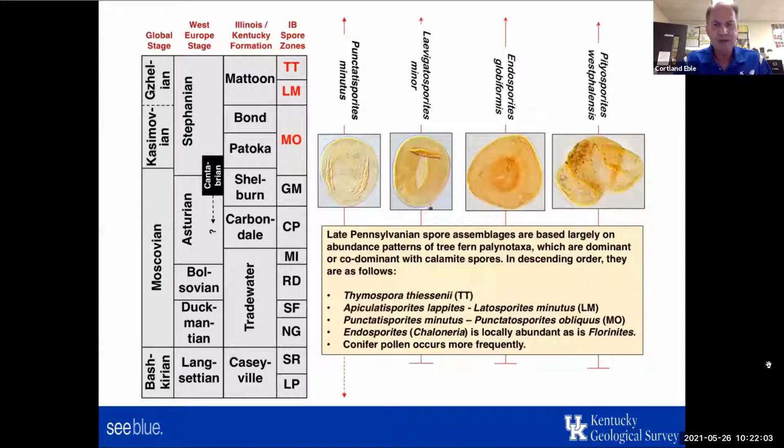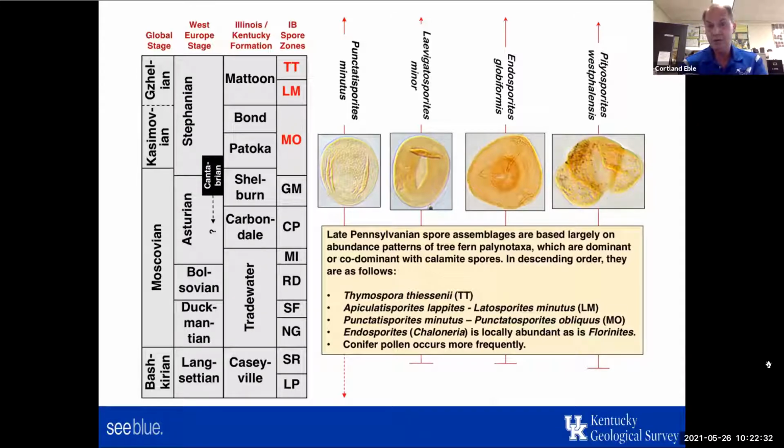And then when we get up to the MO, LM, and TT, these are late Pennsylvanian assemblages. These are really based on abundance of different tree fern palynotaxa, some being more abundant in various things. But in addition to the tree fern taxa, we see a lot of Laevigatosporites minor, which is a calamite spore.